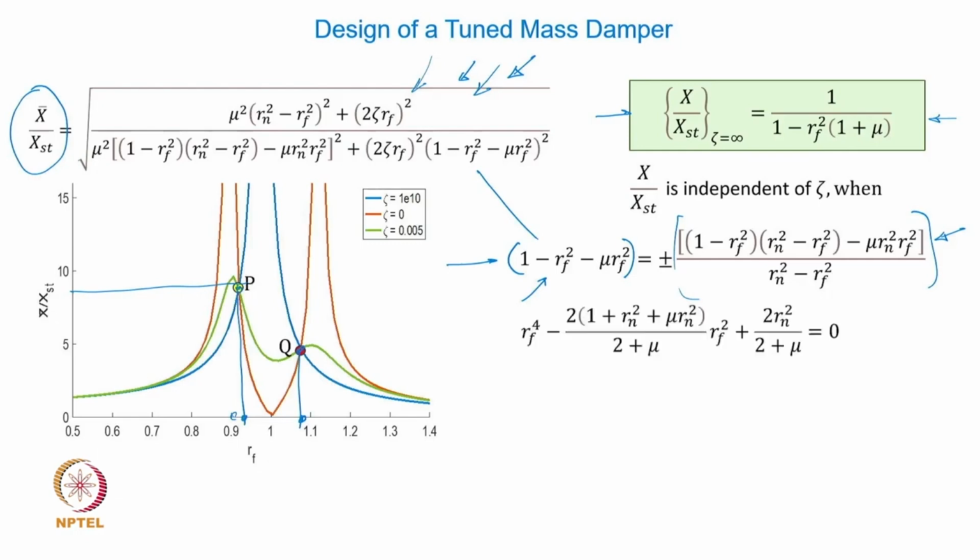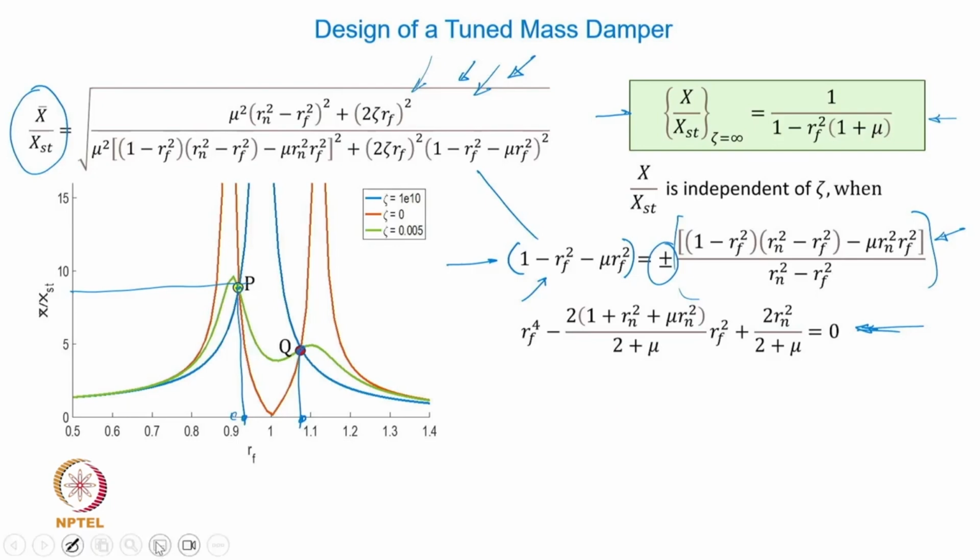But if you use the negative sign, you get this expression, and it's quadratic in RF square. You will get two values of RF, which are expectedly for the 2 points P and Q, right? One of these two signs gives you one value of RF, and you find out which one, but the other sign gives you a quadratic, and if you solve that, you will get two possible RF values, RF1 and RF2. Is that clear to you?